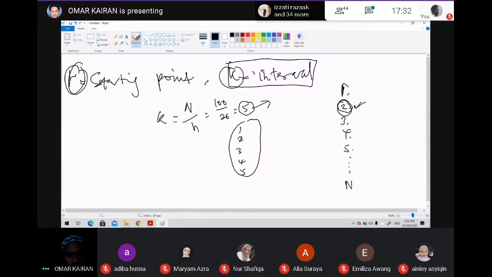It means we do a lucky draw for these five. Okay? So we do a draw, and number 2 is chosen, for example. We get the 2. So we start from 2. R is just for the starting point.